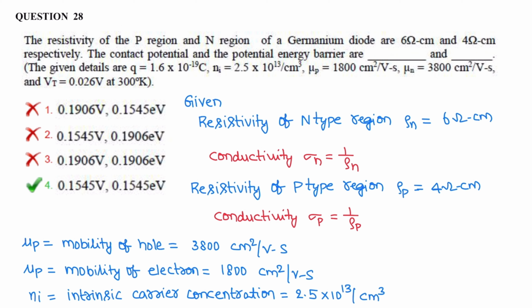Once the resistivity is known, we need to calculate the conductivity. We know that conductivity sigma n is the reciprocal of resistivity, that is 1 by 6 mho per centimeter. Its value is 0.166 mho per centimeter.